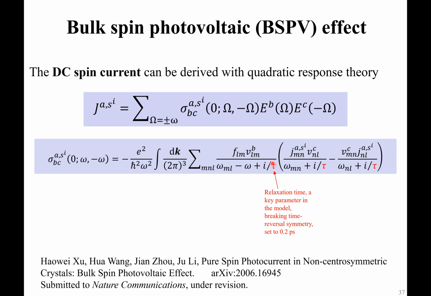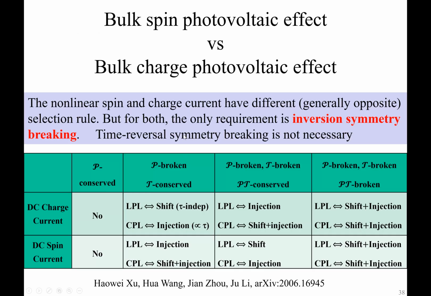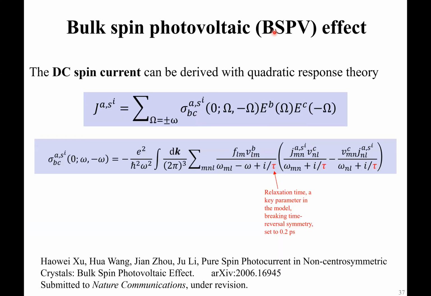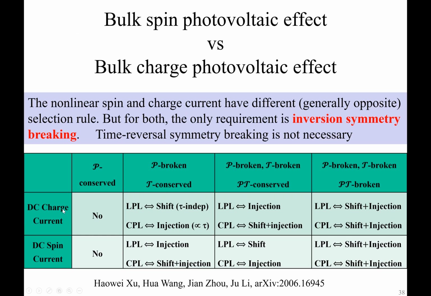It's important because this is the arrow of time. It actually breaks time reversal symmetry weakly. And we can show that you can have quite different selection rules for this spin BPVE effect from the charge current BPVE effect. All you need is breaking of inversion symmetry.